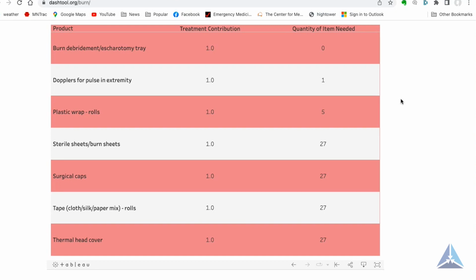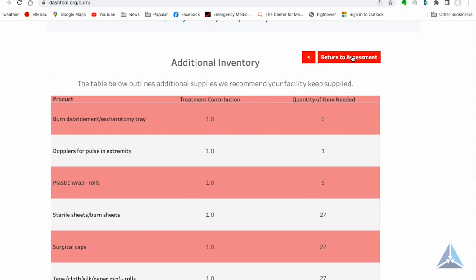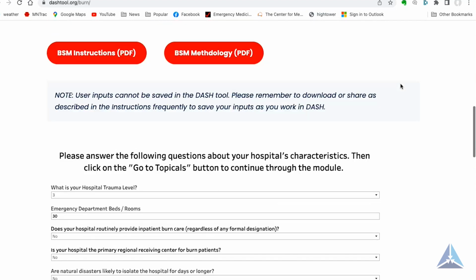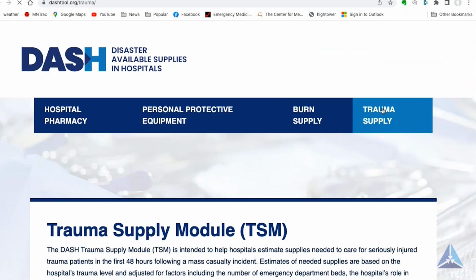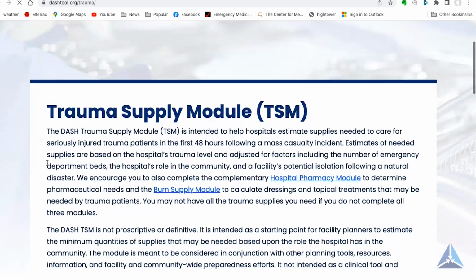That plus bacitracin can make a good, very temporary dressing, along with sterile burn sheets, head covers, etc. There is definitely some overlap between what is needed within burn as well as trauma, so we have generally confined those to one module. These are complementary modules, so scalpels that might be needed in burn treatment are included in your trauma supplies.